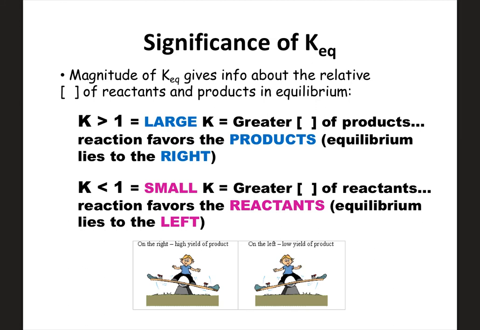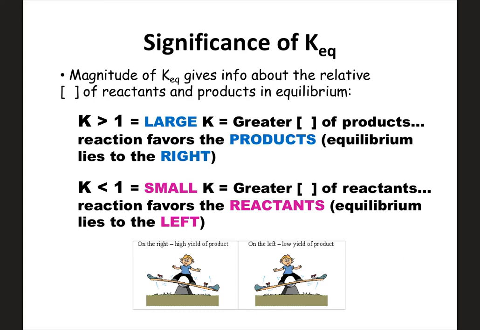So what does the value of KEQ actually mean here? Well, it can give you information about the concentration of your products or reactants at equilibrium. If you have a K value that's greater than 1, so basically a large K value, think about this. In order to calculate K, you did products over reactants.